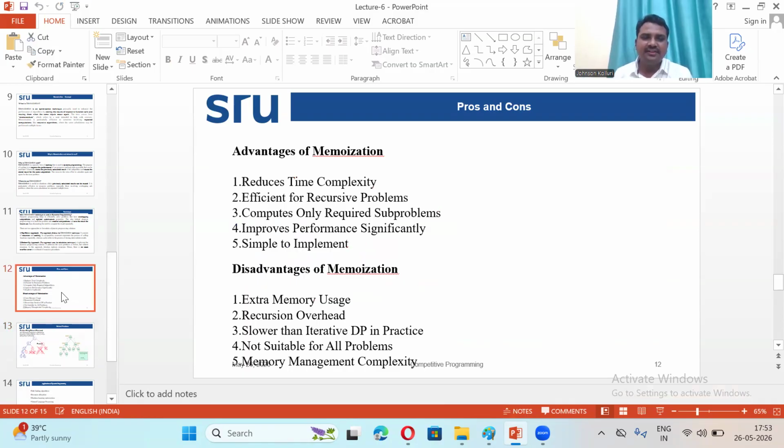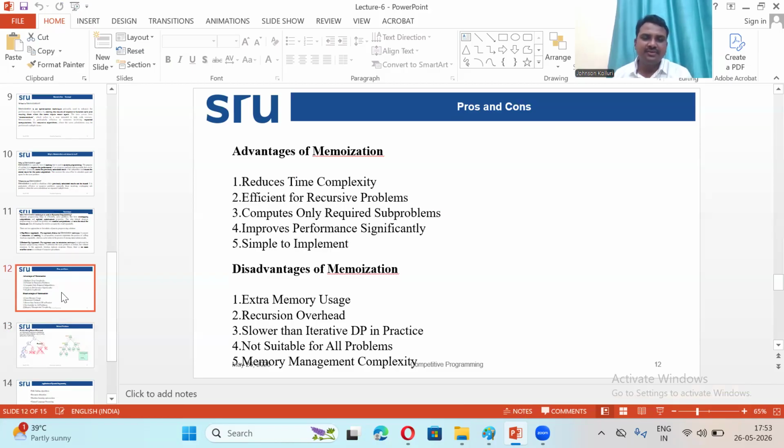Then what are the advantages of the memoization concept? Reduces the time complexity. Efficient for recursive problems. Yes, for recursive problems it's more efficient. The recursive self-calling increases the time complexity. If you use the memoization concept and dynamic programming, it definitely works more efficiently.